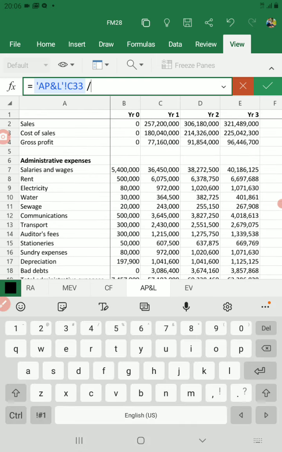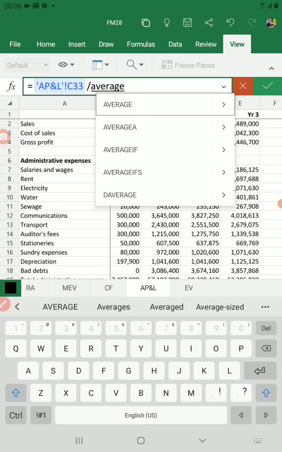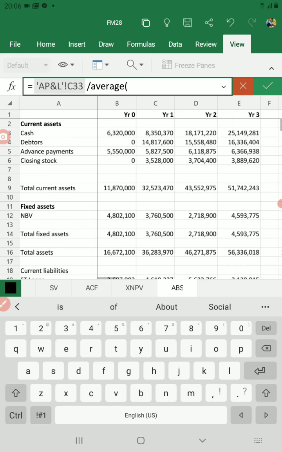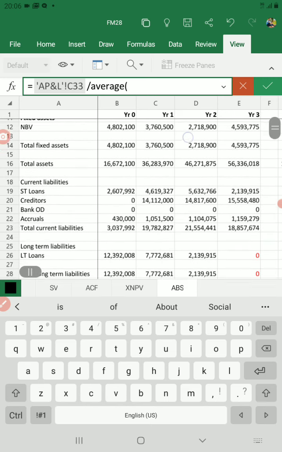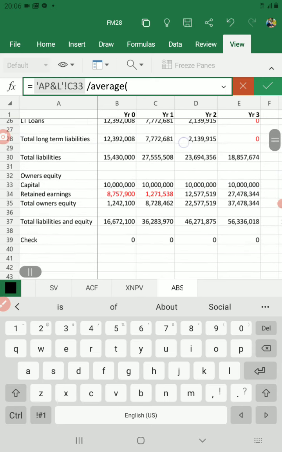So I type average, then open the parentheses, average, and then click on annual balance sheet here, equity, owner's equity here.